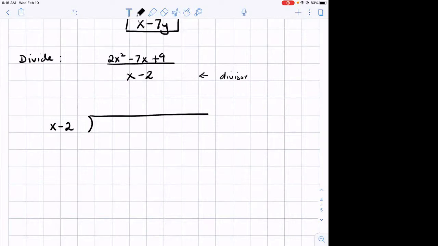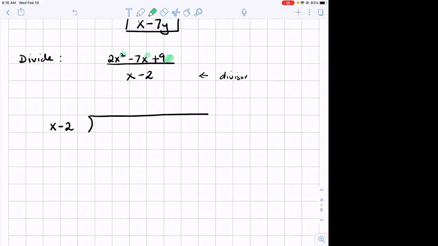Now it's important too to note that we fill in missing terms. And what do we mean by that? Well, if you look at the numerator, it's x to the second power, x to the 1 power, then there's no x here, so x to the 0 power. So that top is in descending order.